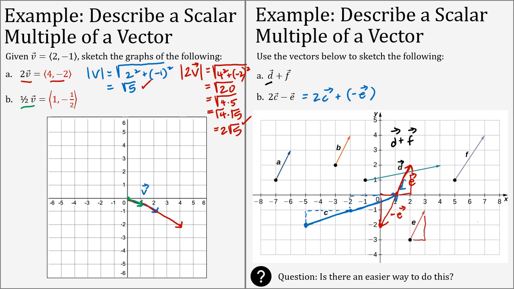And so I have 2 times vector C, and then I'm going to add that to the opposite of vector E, and the new vector is down on the bottom, and it connects the initial points and the terminal points. So that is the new vector.